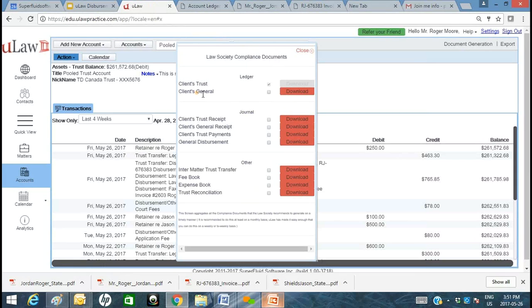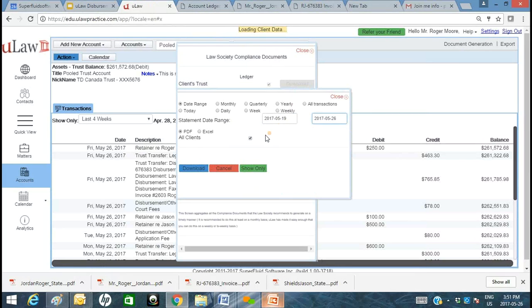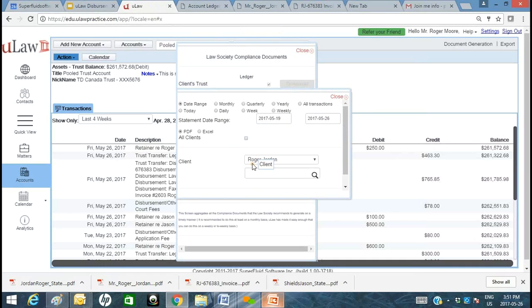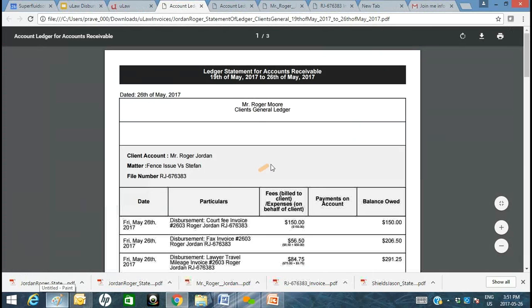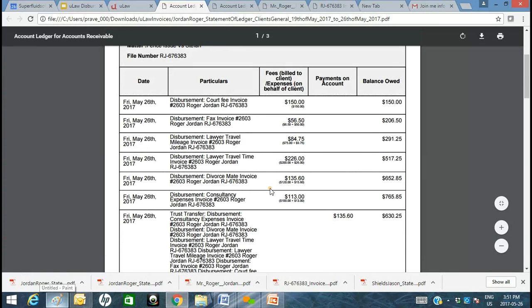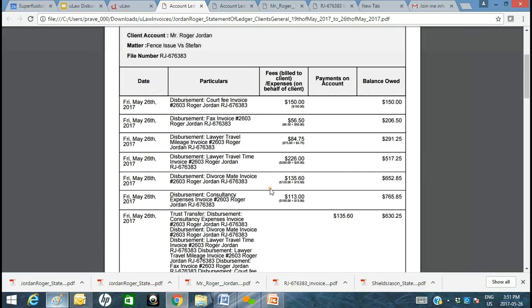Now let's look at the general ledger, specifically for our friend Mr. Roger Jordan. This tells you the same data, but a different side of the story.